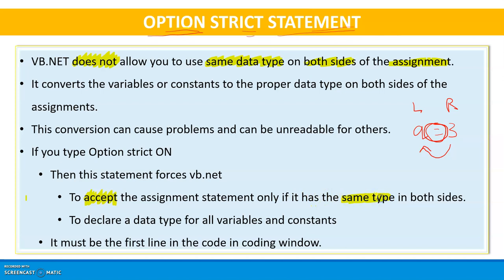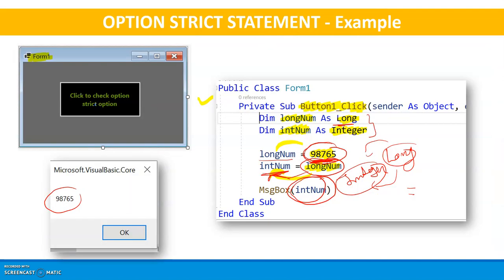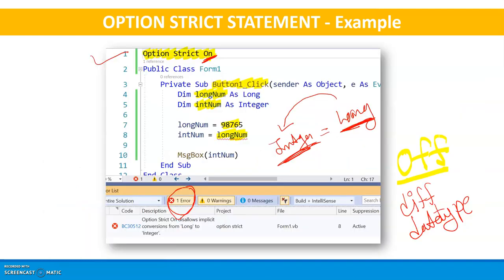See, here we did not use Option Strict, which means it will allow you, but here we have used Option Strict, so in that case it will not allow you. So if you are using Option Strict On, you need the same data type on both sides of the equal to operator, or assignment operator.